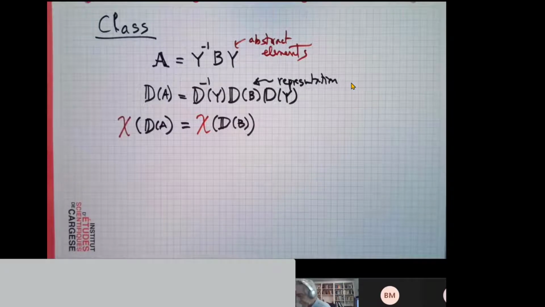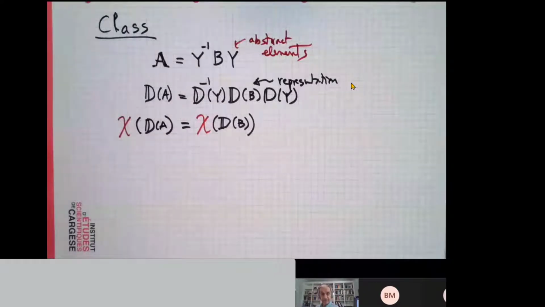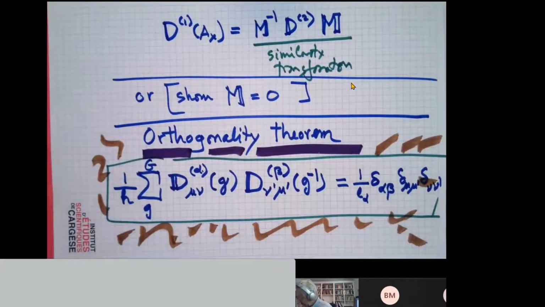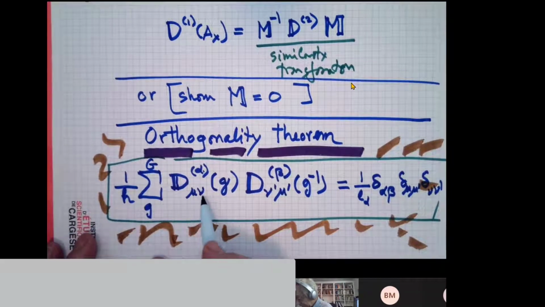What I'm doing now will suffice to simplify this great orthogonality theorem, which is a zillion indices, to a very concrete, very simple, and very applicable small dimensional thing, which is called the character orthogonality theorem. In the great orthogonality theorem, indices are free, so I can decide to identify these two indices and sum over them.